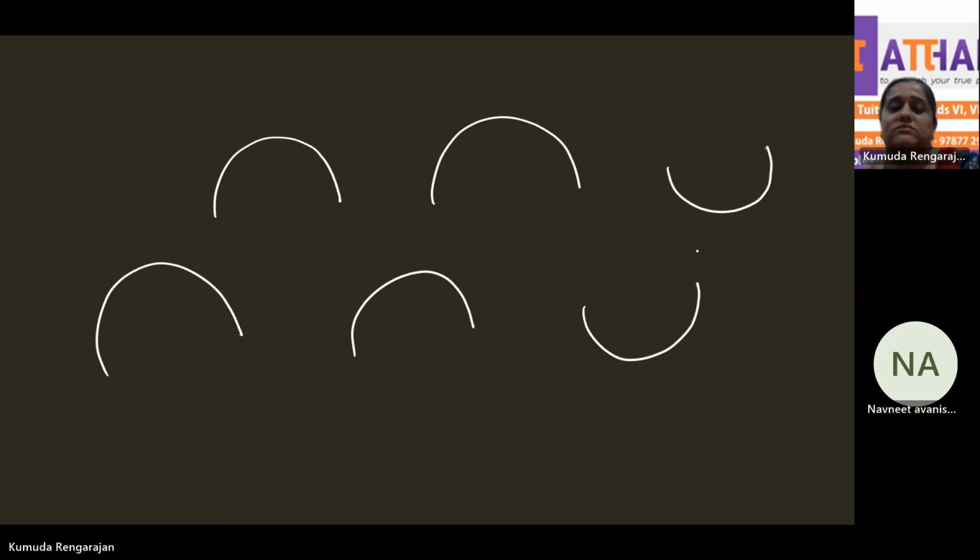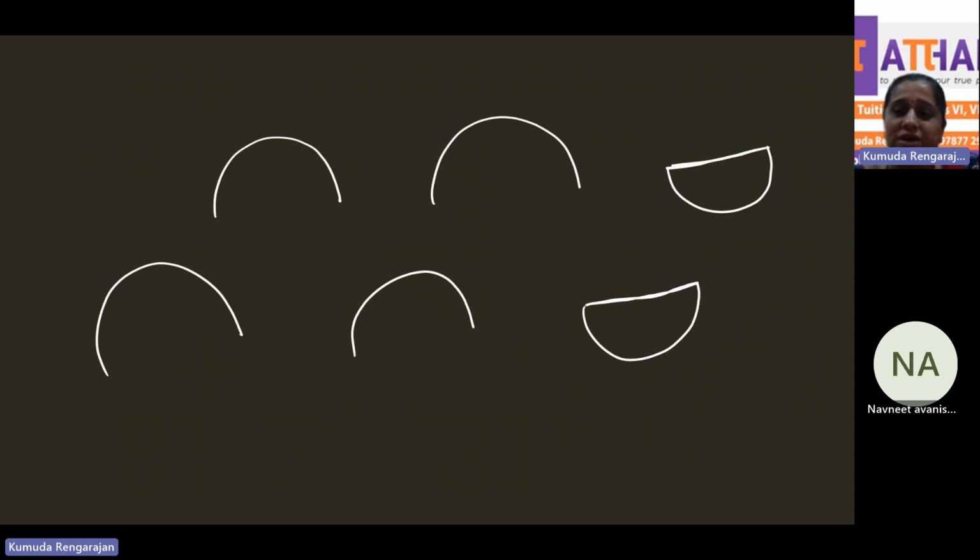How much is this? Pi r. And what is this? Diameter or radius? Children, answer my question.